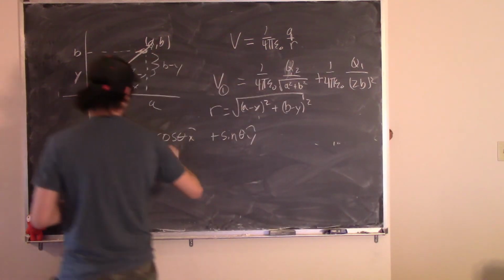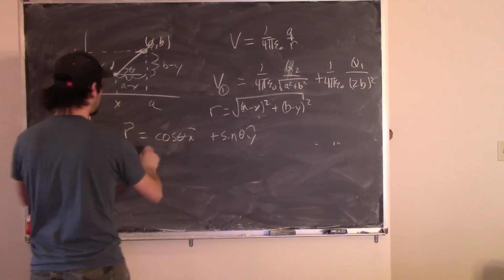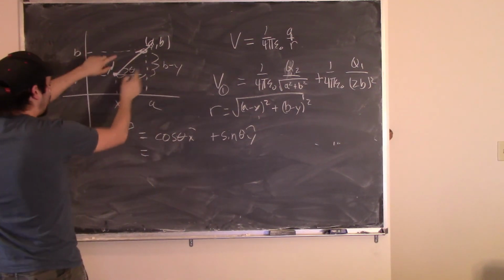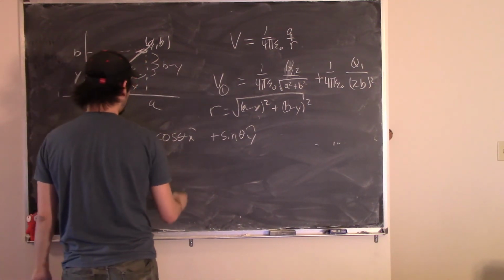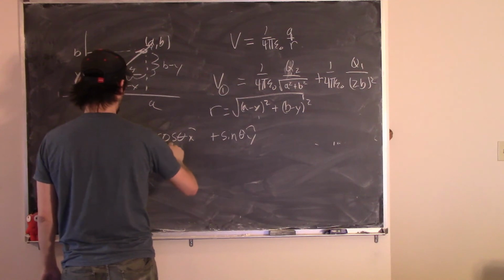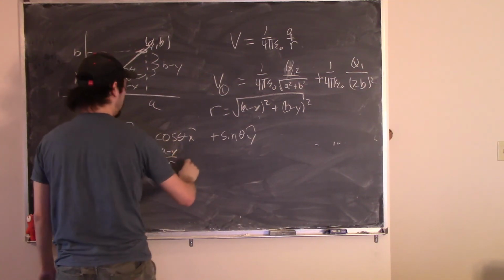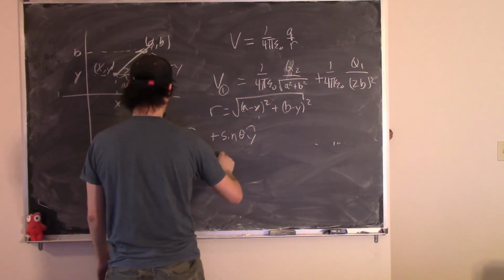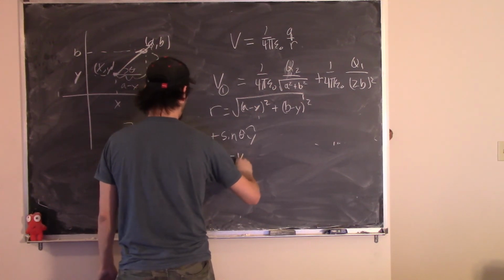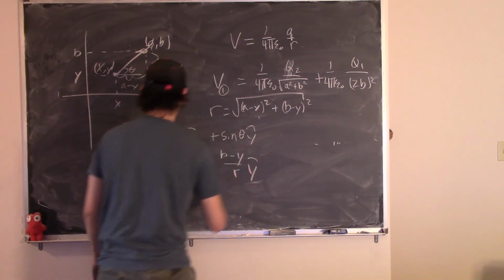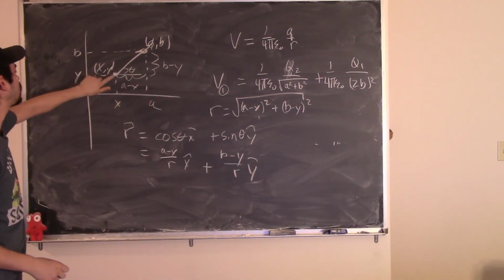And then when I replace these trigonometric ratios with the lengths that I have defined here, this is going to be (a minus x) divided by r x hat plus (b minus y) divided by r y hat. Okay, so that's what would happen if I put this over here.